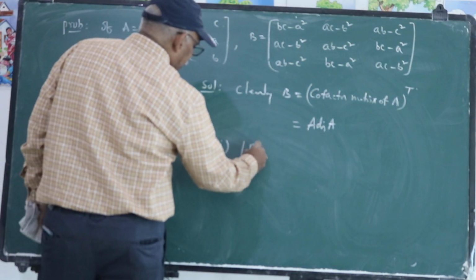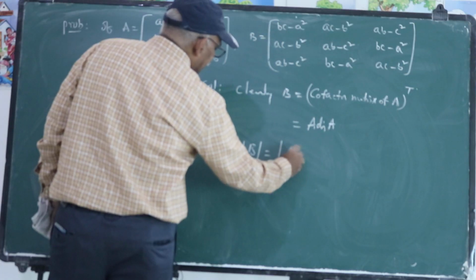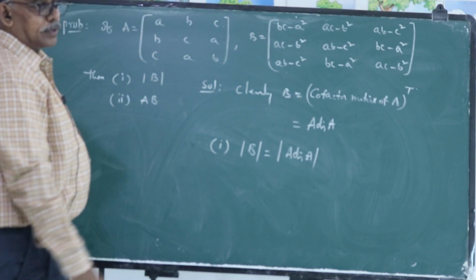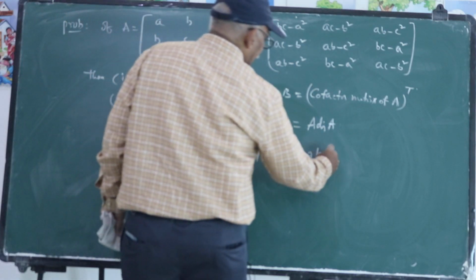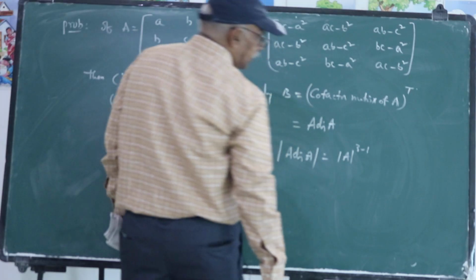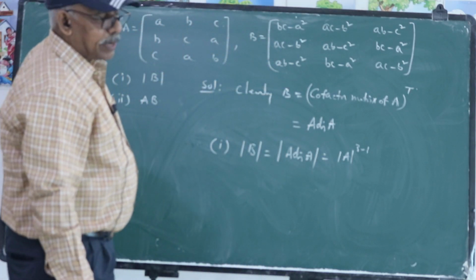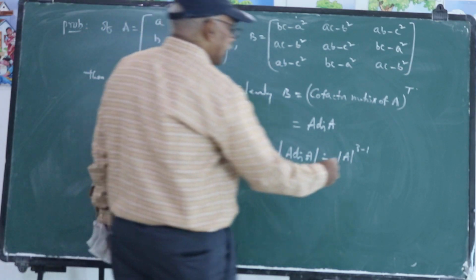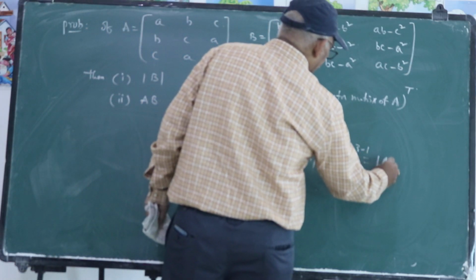det B is the determinant of adjoint of A. The determinant of adjoint A is det A whole power n minus 1, where n is the order of the matrix, that is 3 minus 1, so det A square.